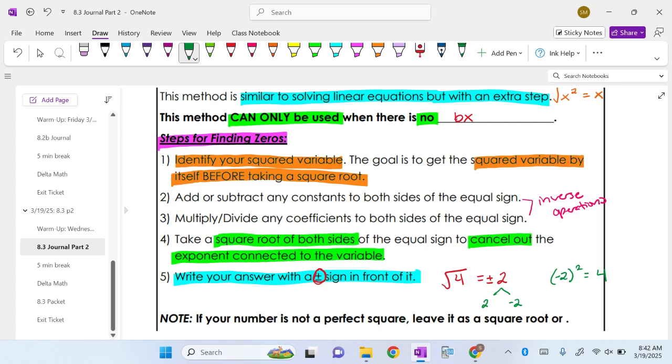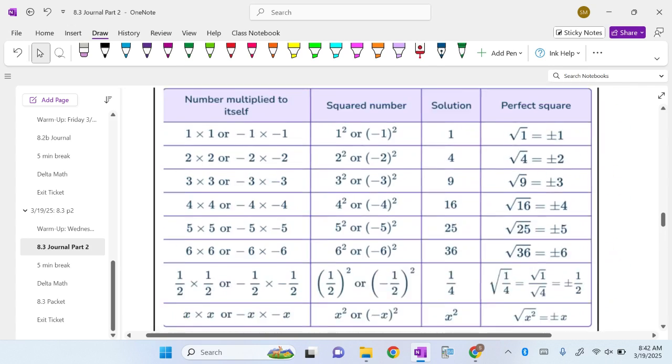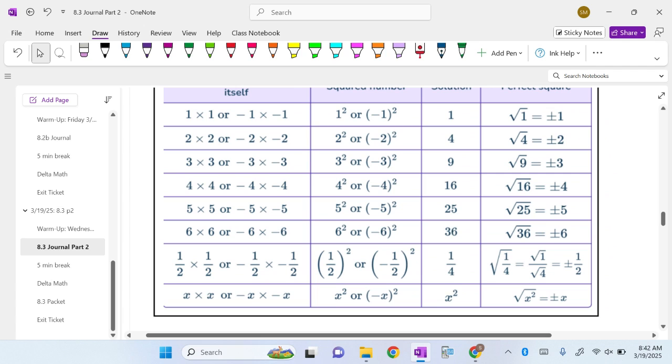All right. That's why I gave you that little square root chart up top, because it explains that both the positive version and the negative version of the number can give you the exact same perfect square. So, for example, 6 times 6 or negative 6 times negative 6 can give us 36. That's why the square root of 36 is plus or minus 6.